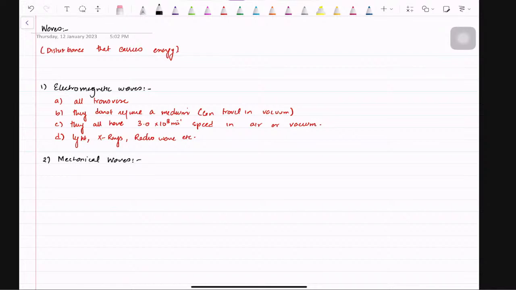Now, the mechanical waves can be regarded as waves. They can be both transverse and longitudinal.